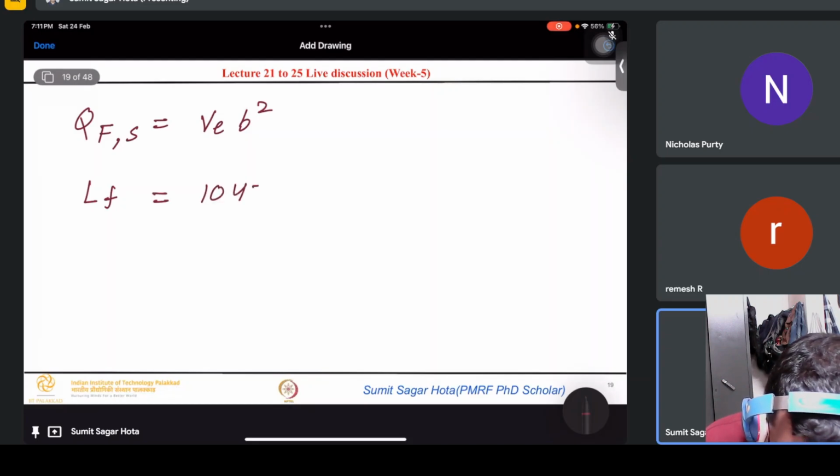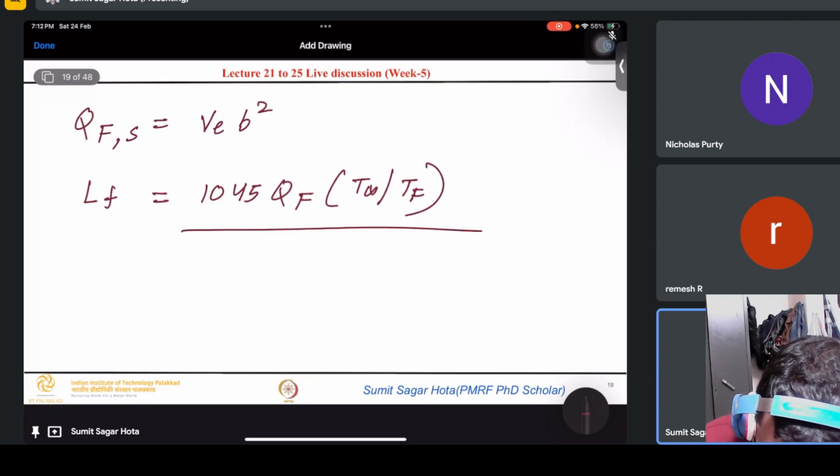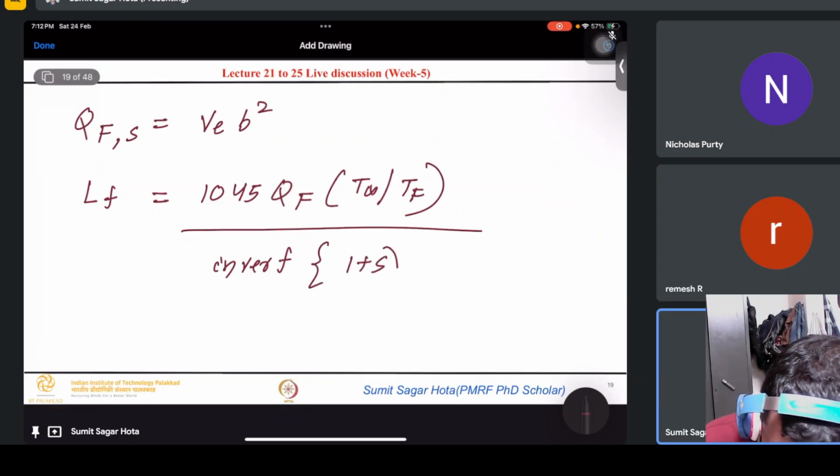The formula has infinity by inverse of F, 1 plus F power 0.5, whole square.